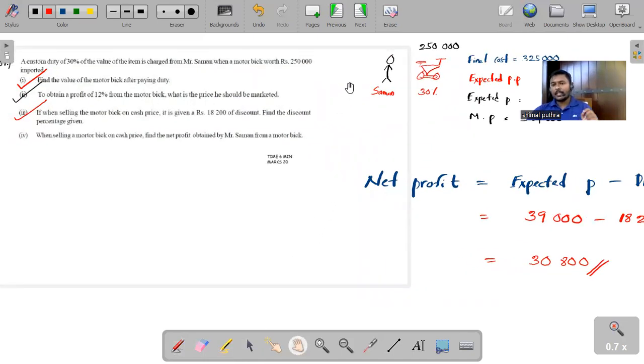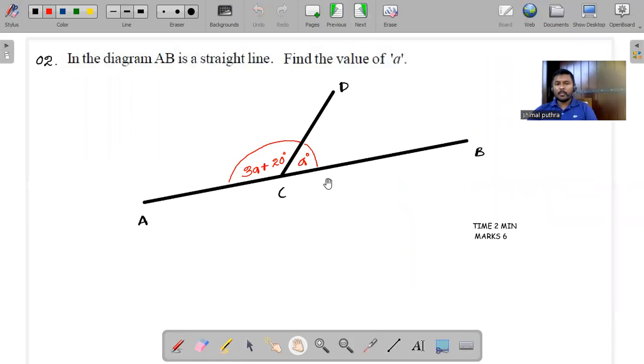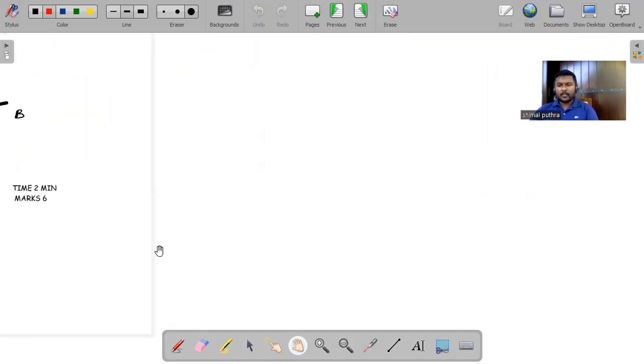Today we are going to discuss model paper number 2. This is the first question. Then I will move to model paper number 2, second question. These are based on angles. Okay, just forget about this quick question. Let's discuss something, don't write anything.